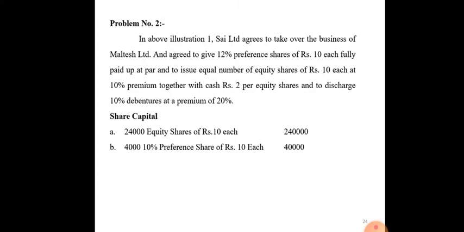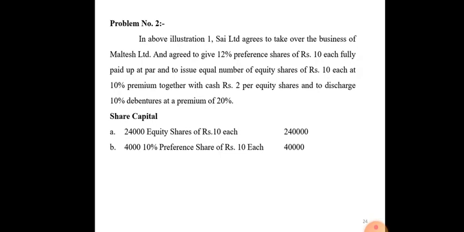The 10 rupees plus 1 totals 11 rupees. Next, together with cash rupees 2 per equity share, so 24,000 equity shares taken by Sai Limited from Maltesh Limited at rupees 11 plus 2 rupees cash is also given, meaning a total of 13 rupees.